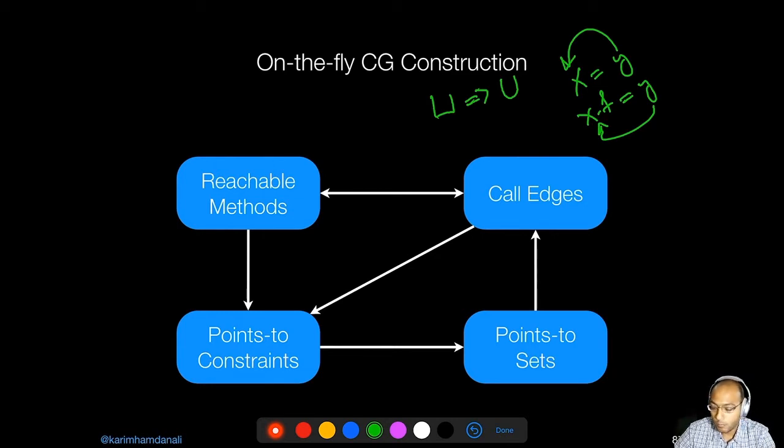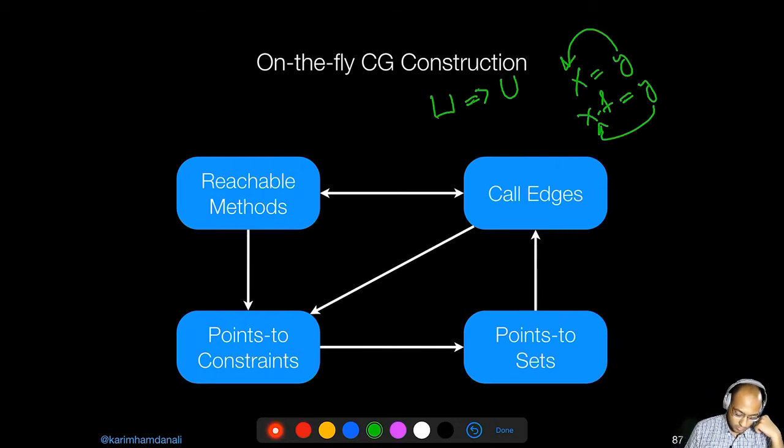We don't want to lose any information from before. We will see later in the course that this is not always the case. There are some cases where we want to forget old information when we know for sure that we are not going to use it anymore, or when we can prove that this information is no longer true. But for now, we're just going to use the union operation.